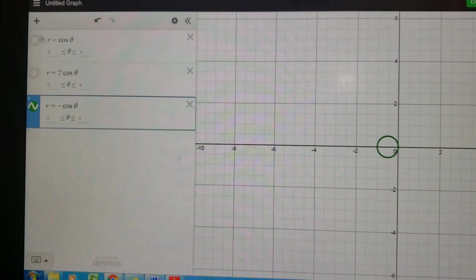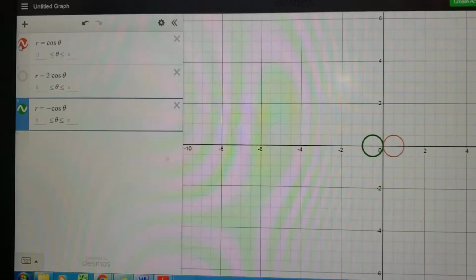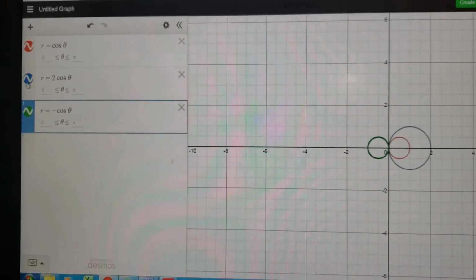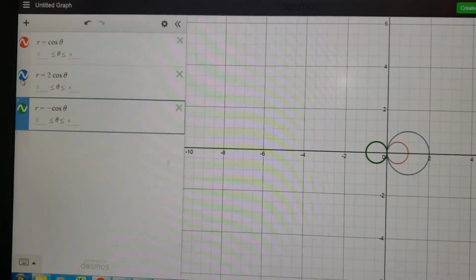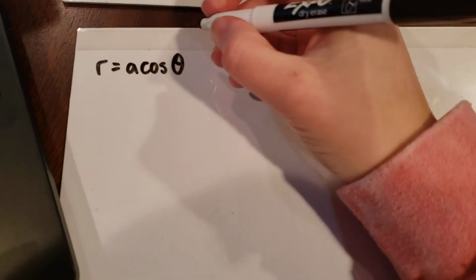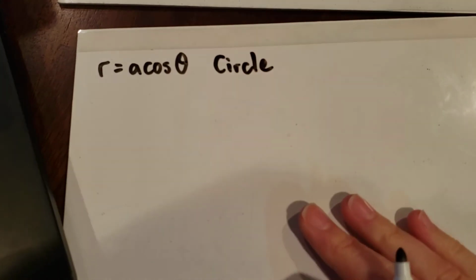So here's all 3 of them. I'm going to put up now r equals cosine theta. The circle opens to the right. r equals 2 cosine theta opens to the right. So let's generalize for all r equals a cosine theta. When we have r equals a cosine theta, we're going to have a circle.